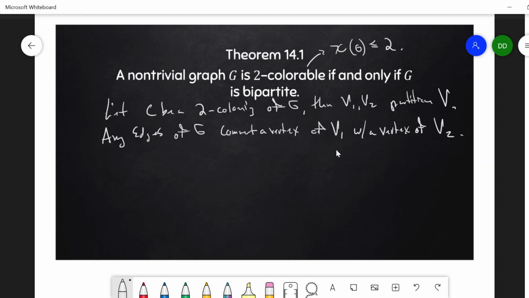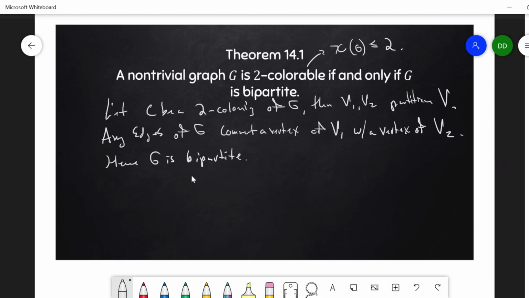There are no edges between vertices in V1, and no edges between vertices in V2. And so this is exactly what a bipartite graph is. Hence, G is bipartite. So one thing that we get from this is we can think of graph colorings as a generalization of determining if a graph is bipartite or not. This is the idea.